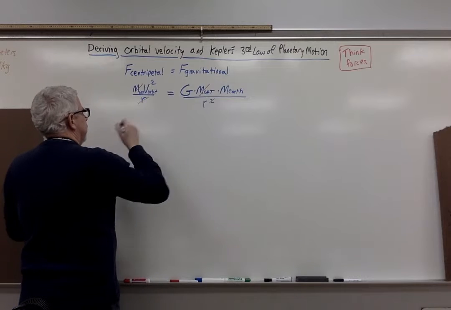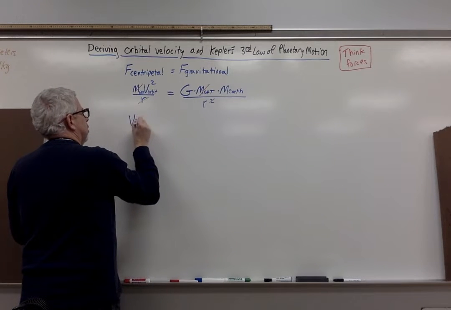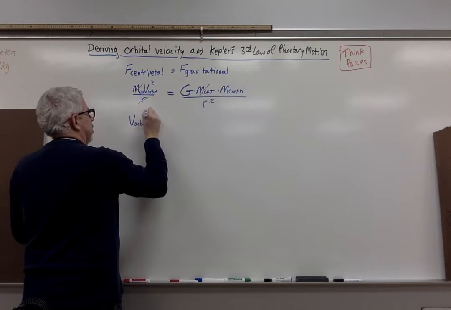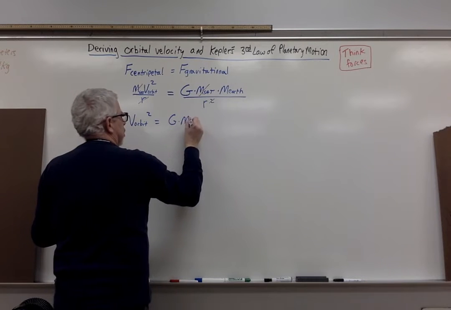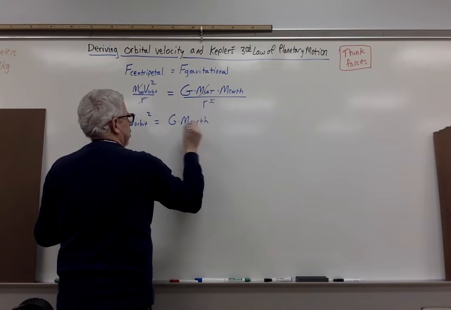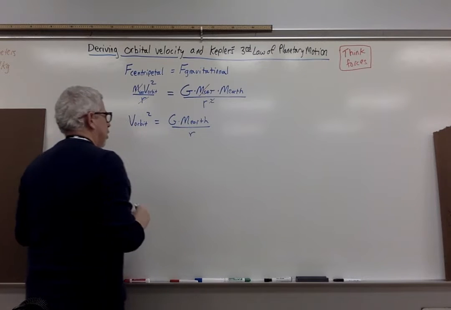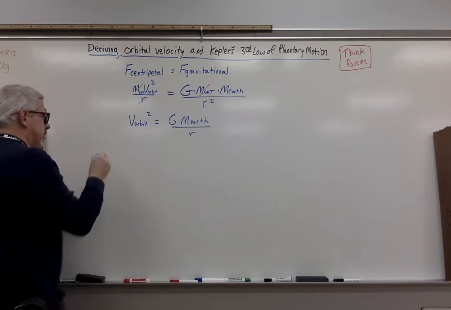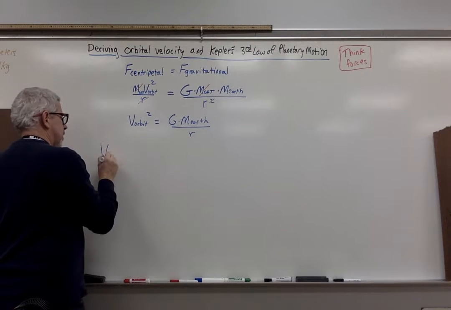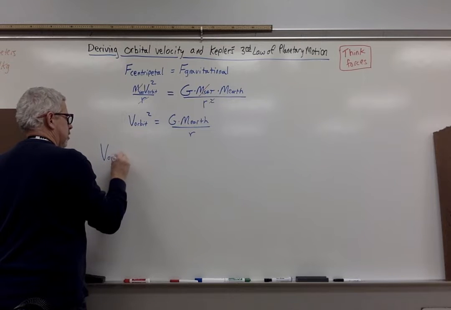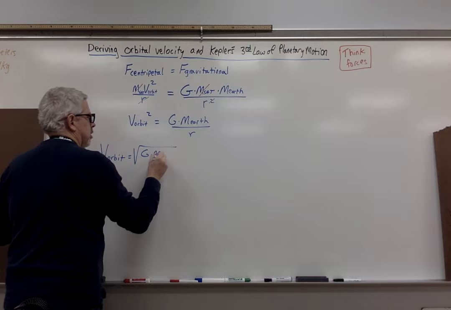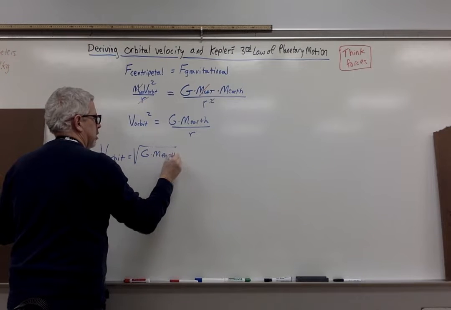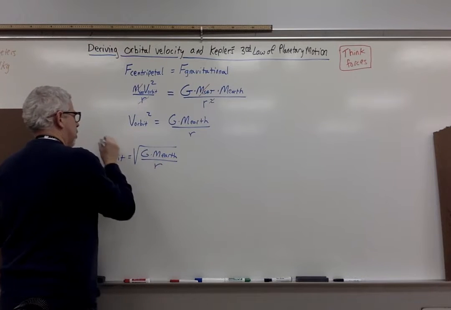I'm going to get that v orbit squared is equal to big G m Earth or m planet over r. So to solve for v orbit, take the square root of both sides, radical G m Earth over r.